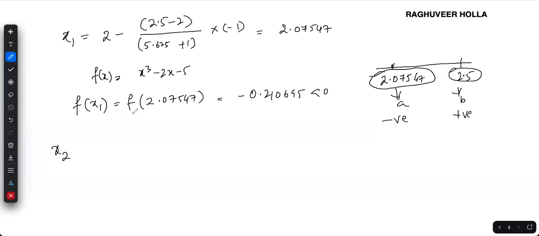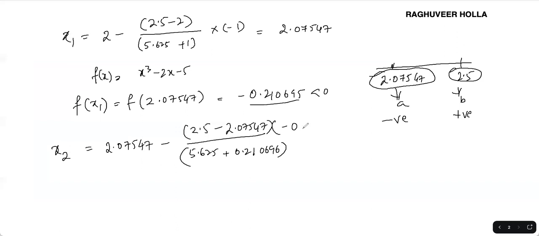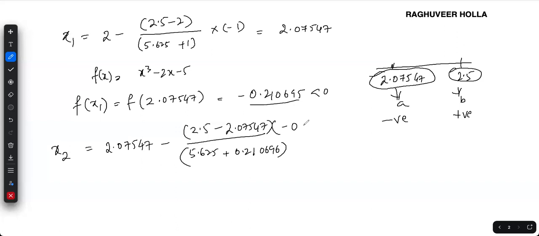So the next approximation is 2.07547, which is A, minus (2.5 minus 2.07547), divided by 5.625 plus 0.210696, multiplied into minus 0.210696.